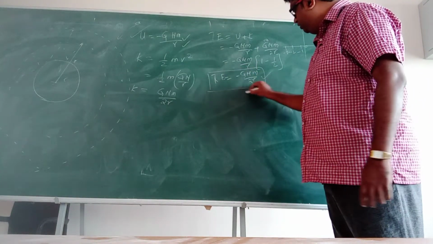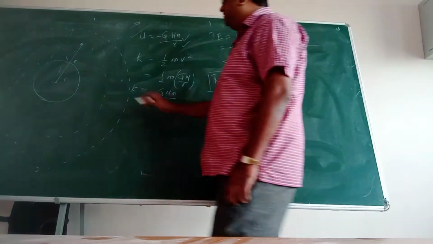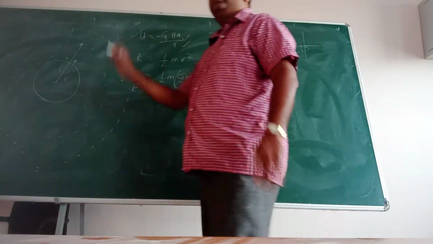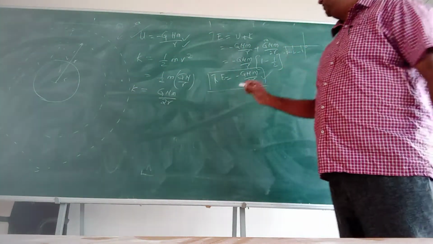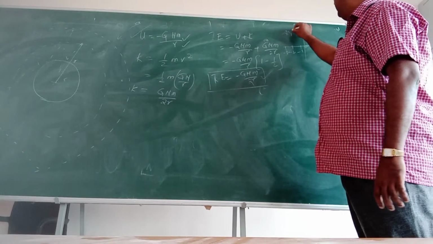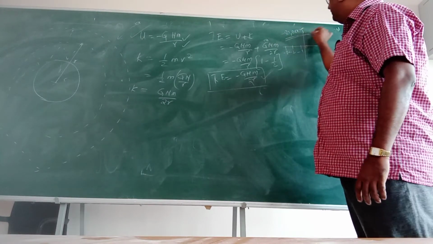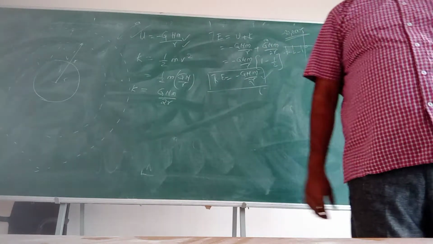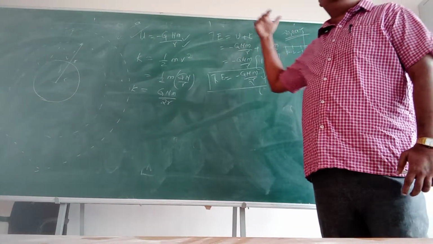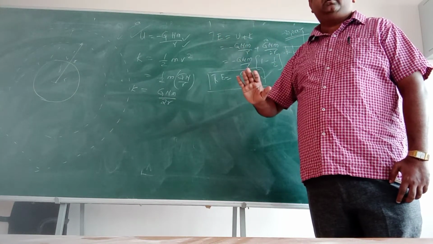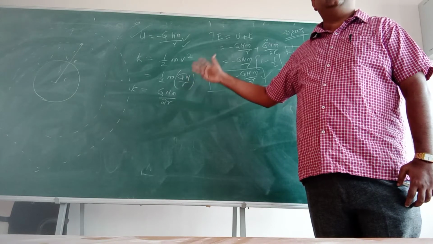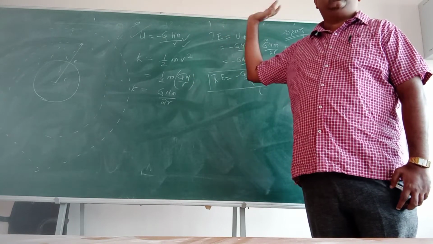Now, this is the total energy of the satellite at this particular altitude, some minus 50,000 joules, let us say. Sometimes they ask you a question: how much additional energy should be provided so that it escapes the Earth's gravitational field?